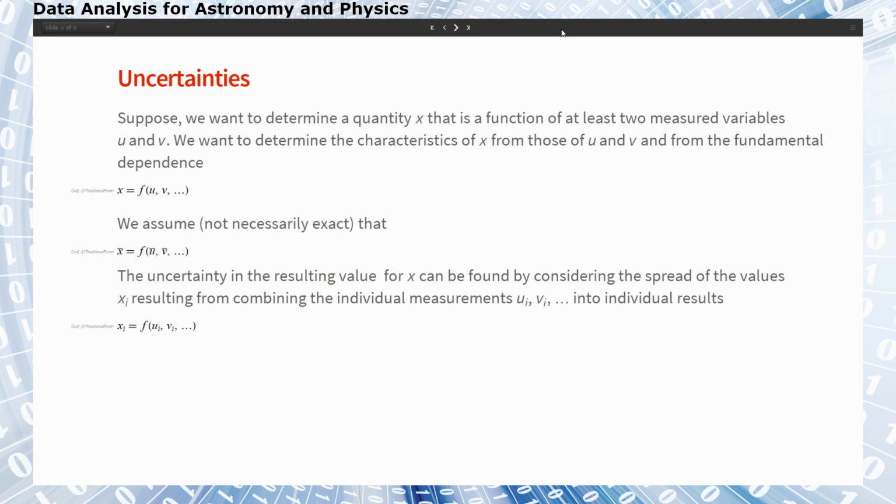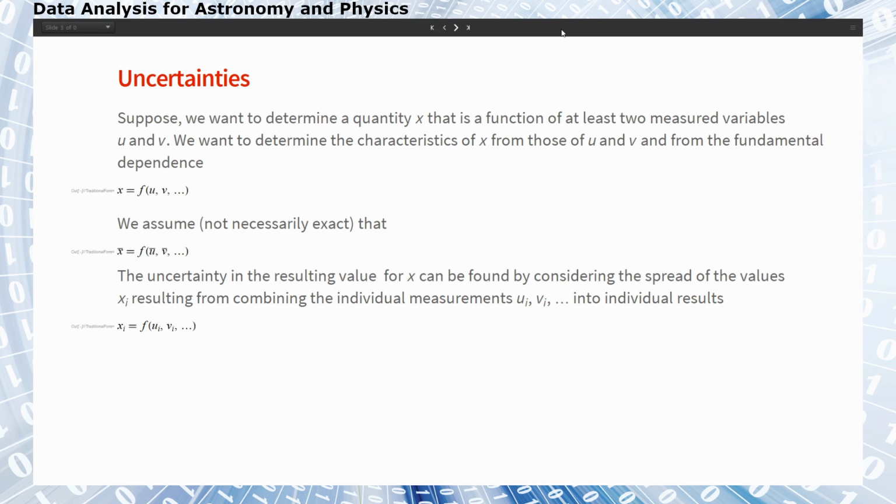Suppose we want to determine a quantity x, which is a function of at least two measured variables u and v. And we want to determine the characteristics of x from those of u and v and from the fundamental dependence, x being a function of u and v. We assume that x bar, the mean value, is the function of u bar and v bar.